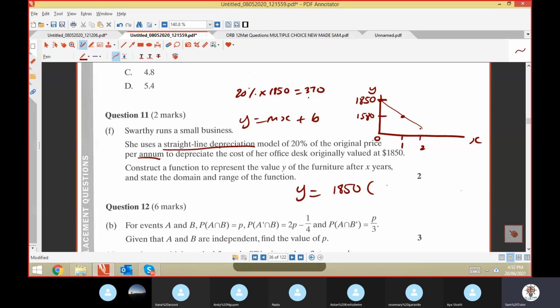That means you lost 370 bucks. Then you take 370 away from 1850. That gives you 1580. Doesn't it give you 14? What did you get? 1480. Yep, thanks.